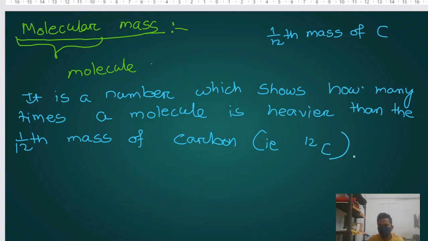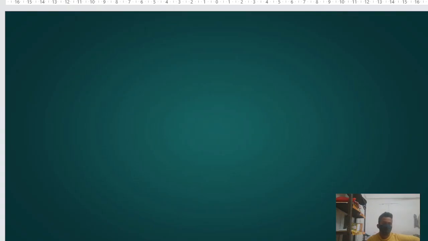You can easily understand this if you have already understood atomic mass. Molecular mass is a number which indicates how much heavier a molecule is than the 1 by 12th mass of carbon. We can take one example here.